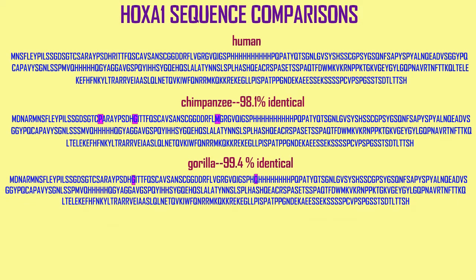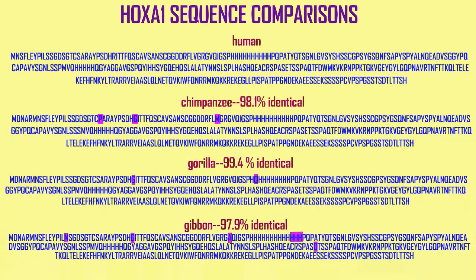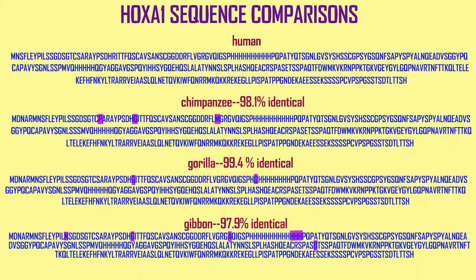So note that instead of being 100% unrelated, the sequences of apes, like chimpanzees, gorillas, and gibbons, are close to 100% identical to the sequence of a protein which helps human embryos develop into humans.